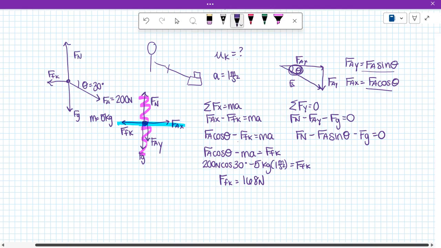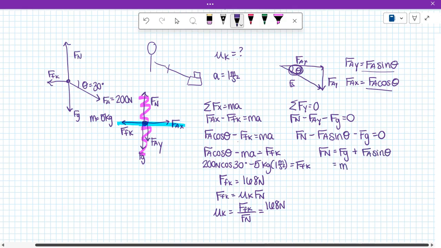There's a difference. So I'm going to find the coefficient of friction by using the force of friction equation. The coefficient should be the force of kinetic friction over the normal force. I have the force of kinetic friction, 168 newtons, so I need to know the normal force. So now I'm going to come back over here to find the normal force, which is going to be the force of gravity plus Fa sine theta.